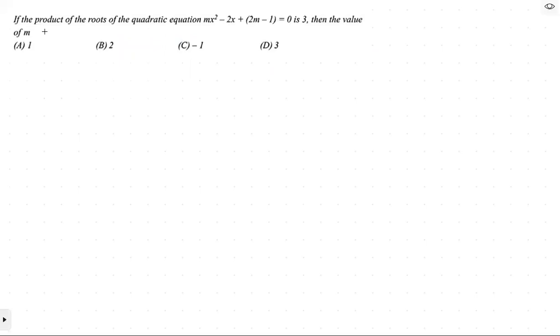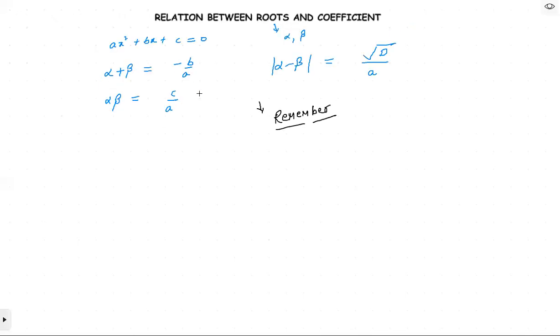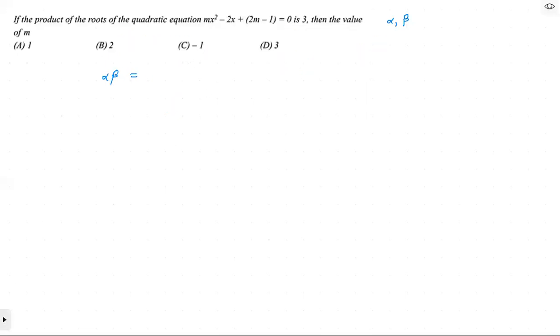Now the product of the roots, if the roots are alpha and beta, so we just are looking for alpha into beta, right? Alpha into beta क्या है, देखो, c by a, which is constant divided by coefficient of x square. So here we have the constant is 2m minus 1. Coefficient of x square is m. This is given to us as equal to 3, right?